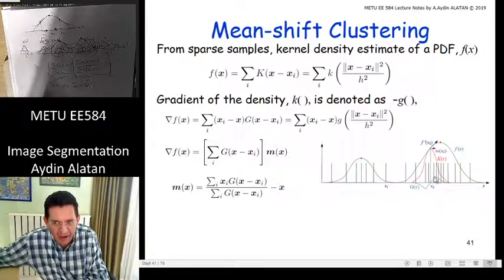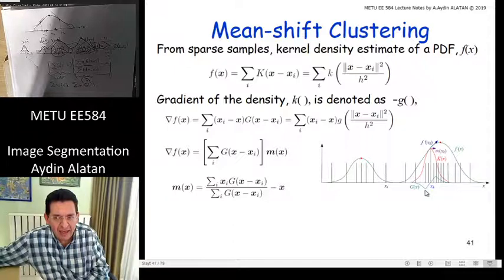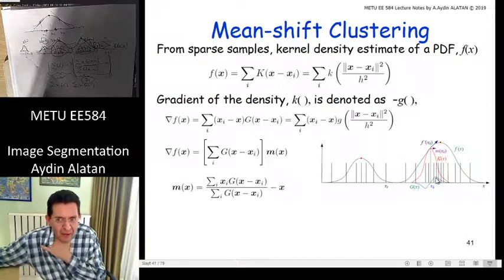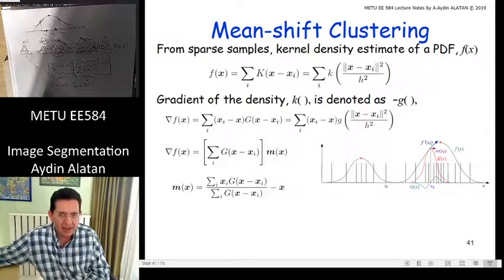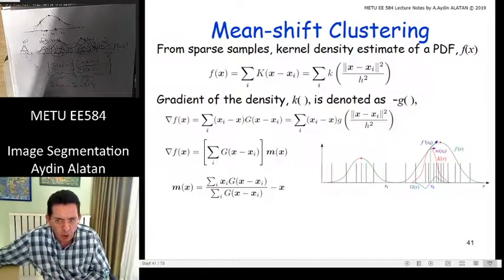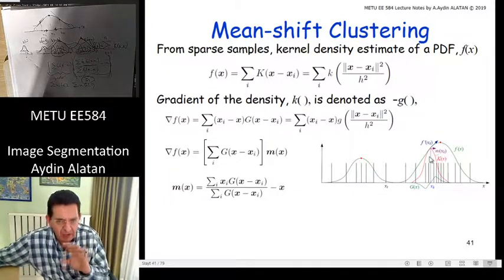This is g of x. These are xk samples. These are your samples. And from those samples you are taking a weighted average, and the weighted average at the end is giving you nothing but a number, and that number is basically your vector. This vector is showing us where to go. This is a one-dimensional thing, therefore your m vector is showing the positive direction.